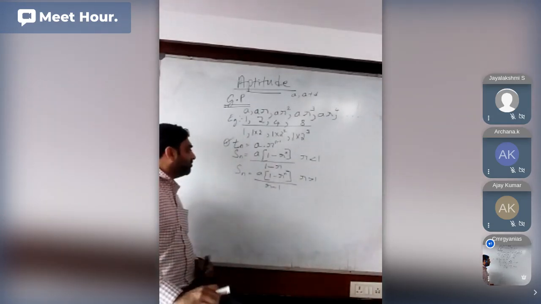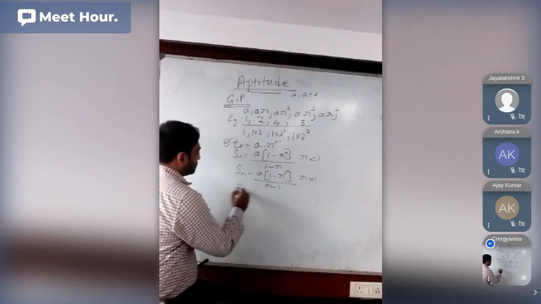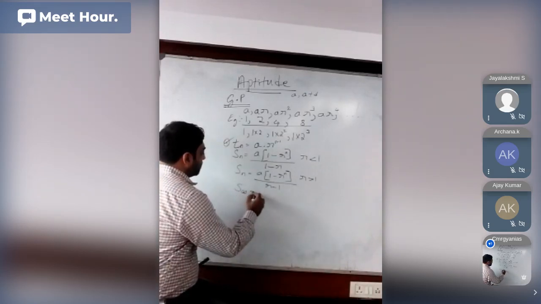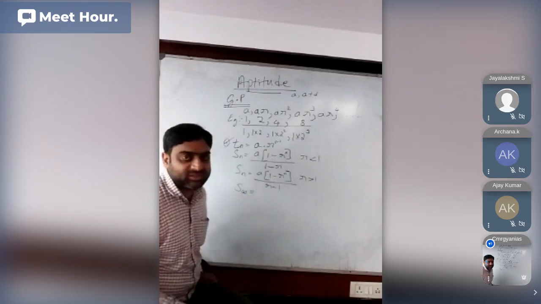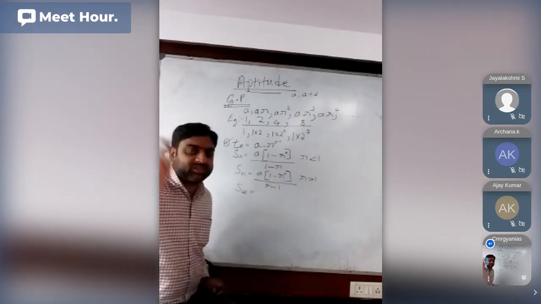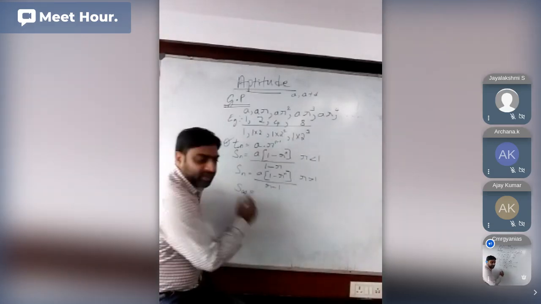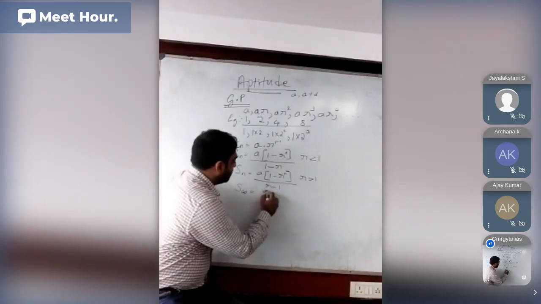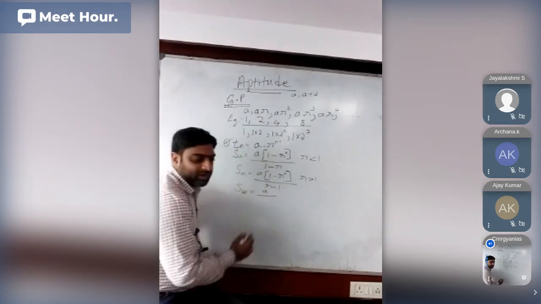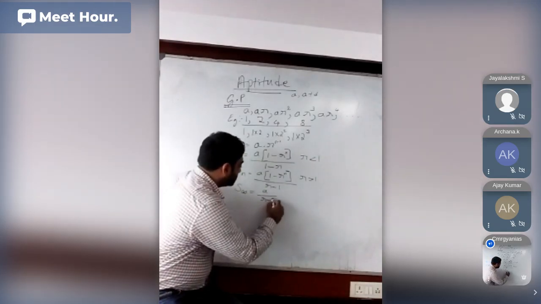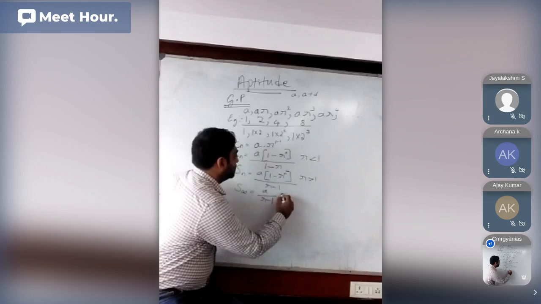And then we have one more, S of infinity. So in such things, you don't know where is your last term. It can be whatever, S of infinity. So S of infinity, the formula is a divided by r minus 1.